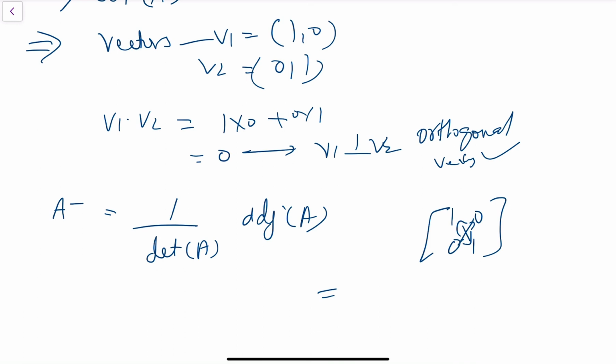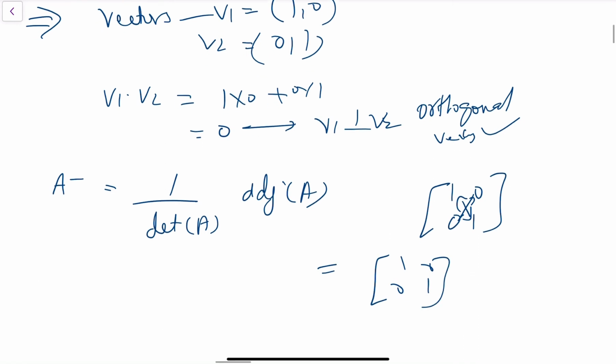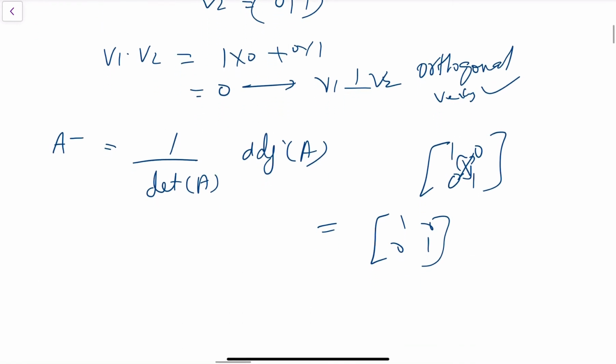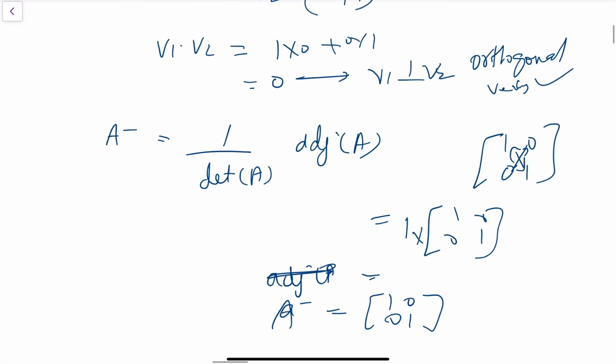This is a trick to obtain the adjoint for a 2 cross 2. You would see the adjoint is the same as the original matrix, because minus 0 is just 0. And the determinant of this matrix is 1. So when you multiply by the adjoint of A, A inverse is the same as A, which is [1, 0; 0, 1].